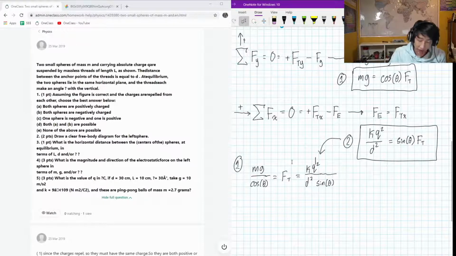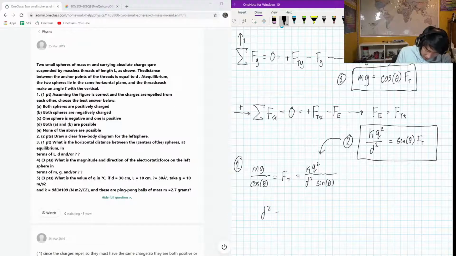Okay, so given these two relationships, we want to solve for D. We're going to do some quick multiplication and division for some algebra to get D isolated. So we have D squared if we multiply both sides by that, and we have KQ squared cos theta, with sine theta still down here, and we have mg.